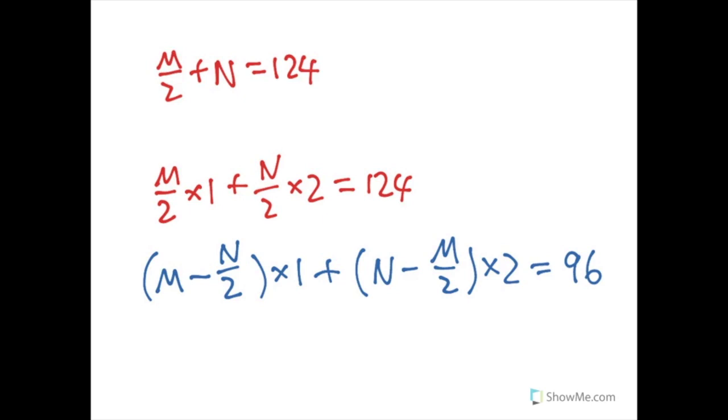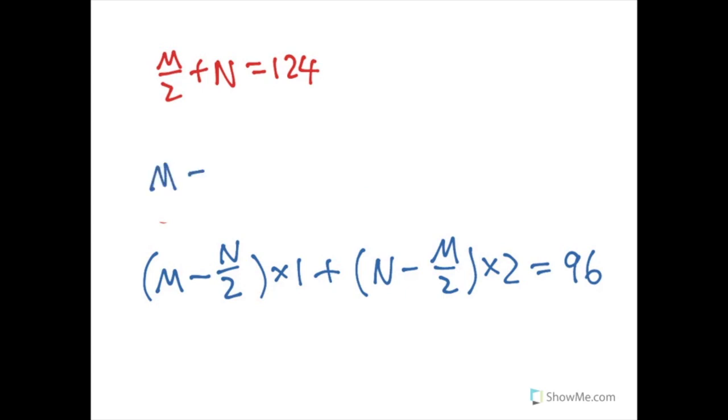So that's the first equation. And for the second equation, we first need to expand. So we have n minus n over 2 plus 2n minus m is equal to 96.